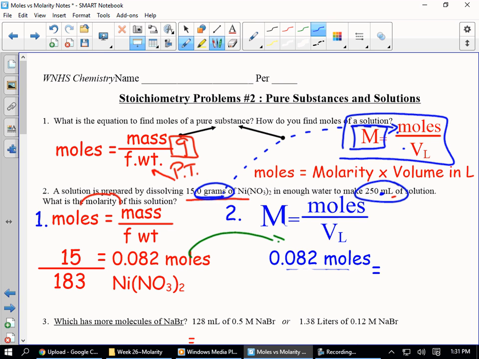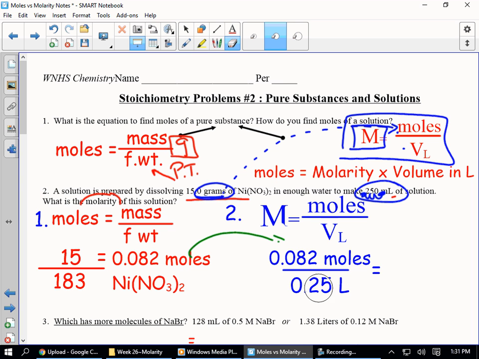We have to take our decimal that's right here and go 1, 2, we got a quarter liter here, so we're going to divide that by 0.25 liters. You divide those, the number that pops out in your calculator is 0.033 when you round. Now, you got to find a unit. What is the unit for molarity? Big M, and then it never hurts to write your formula. Let's have you read number 3 and give that one a shot.